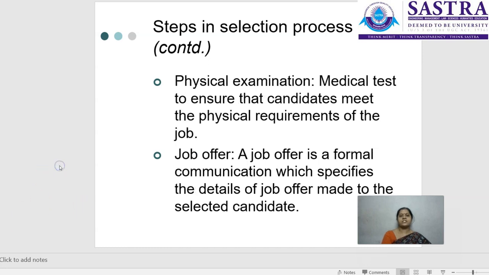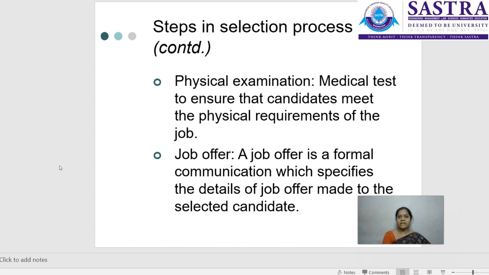And the next stage is the physical examination. So after verifying the references, it is the final test that has to be conducted upon candidates. So this is actually a medical test to ensure that the candidates meet the physical requirements of the job. So this is another step in the selection process.